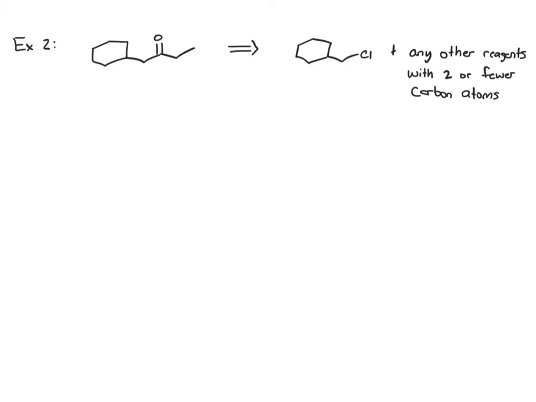In this example, it's written a little bit differently. We're using the retrosynthesis arrow, which basically just says, how do I make this from this? Plus you're given the stipulation, you can use any other reagents as long as the reagent has 2 or fewer carbon atoms.